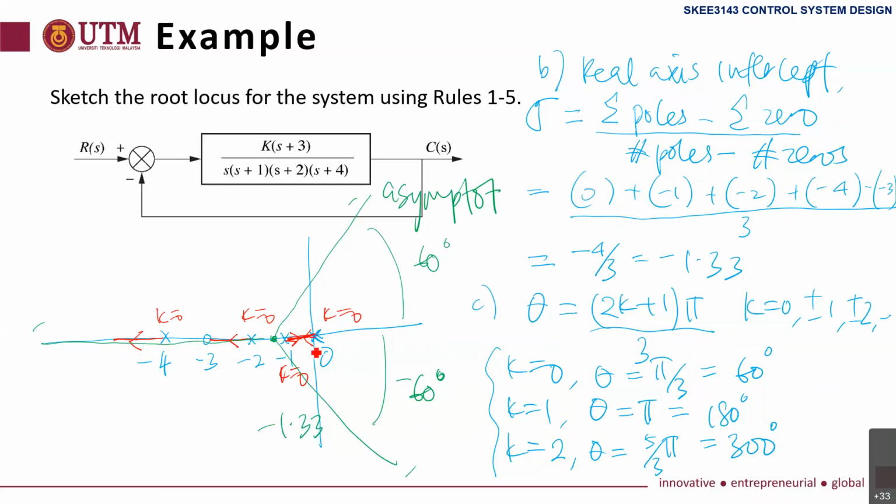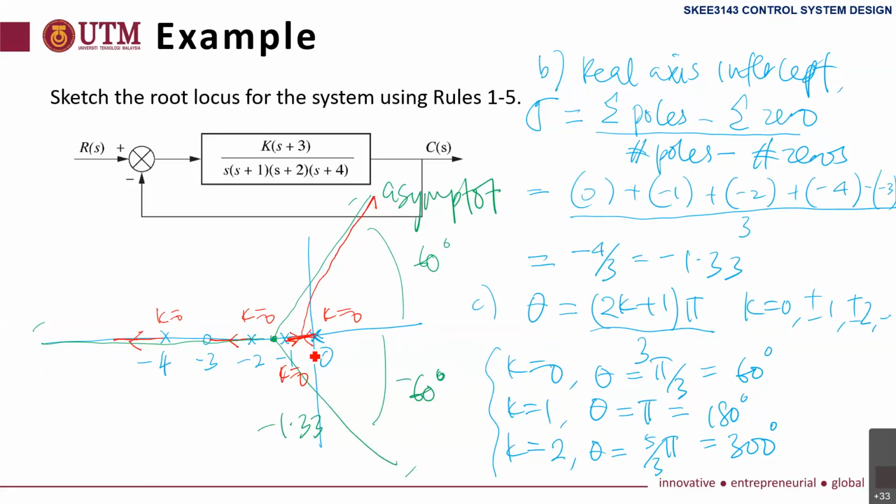That means you can see here, we can see a pole at 0 and -1, both going out, because it must start from a pole and it must end at a zero. It will go to find the zero according to the asymptote.